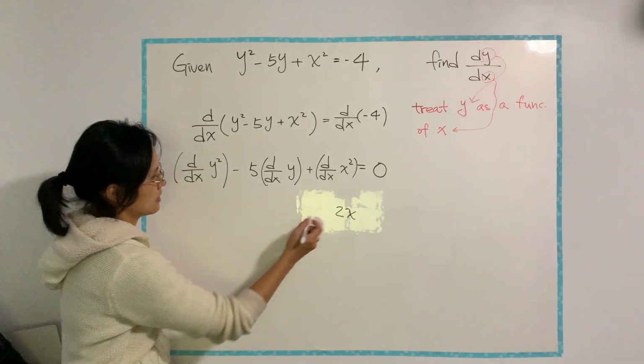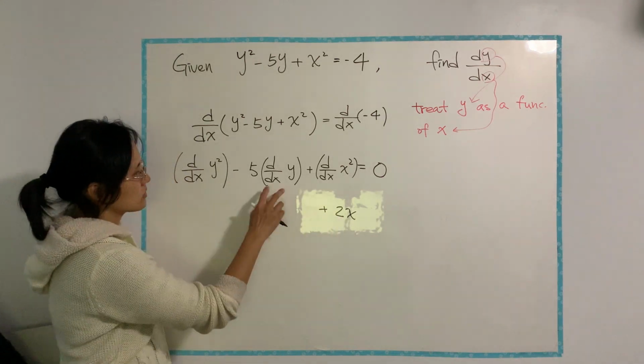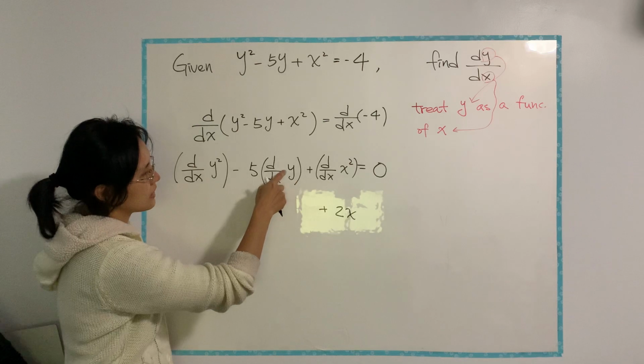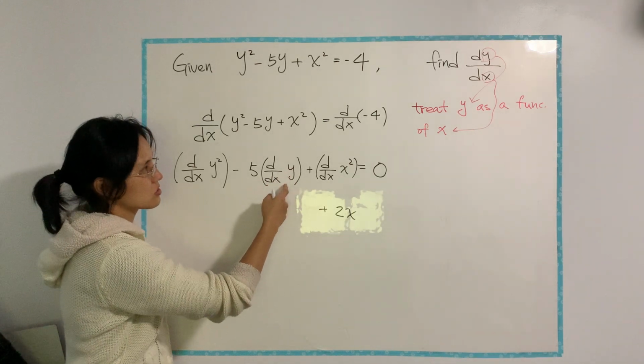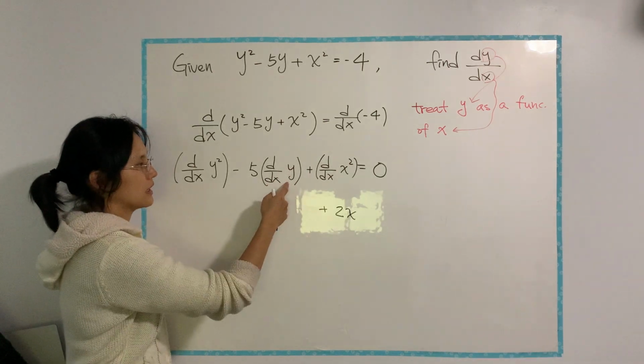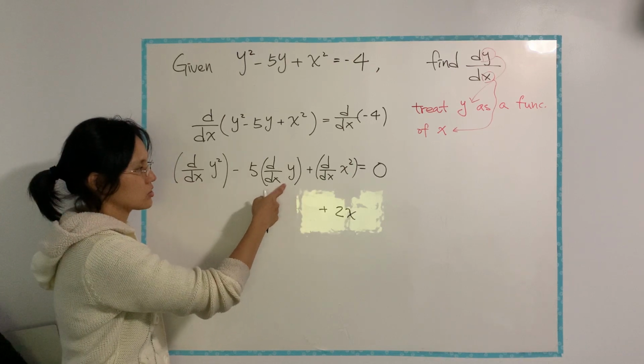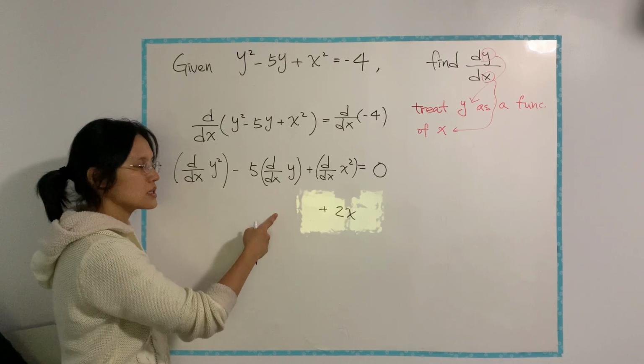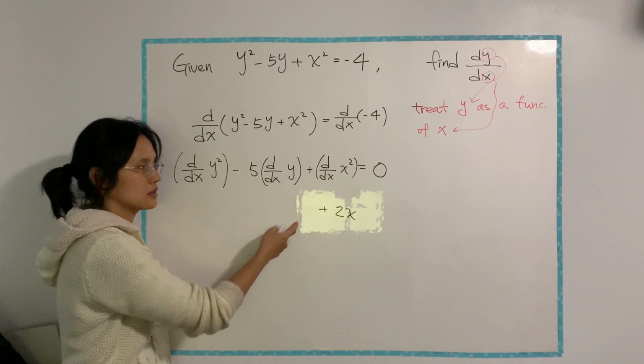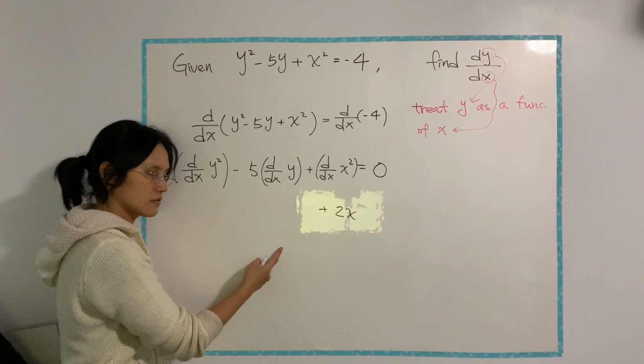plus. Now, I'm treating y as a function of x. When I have a function of x, I differentiate this function with respect to x. What is the notation for us to write the outcome of the derivative?